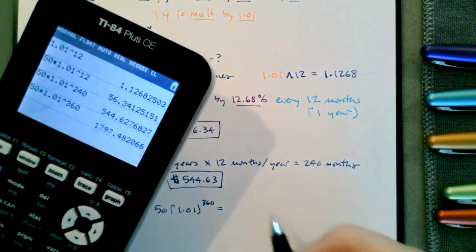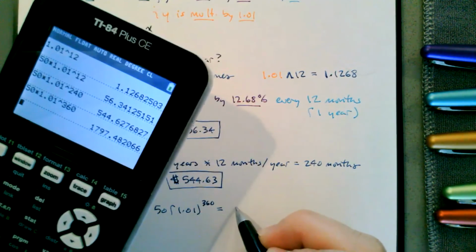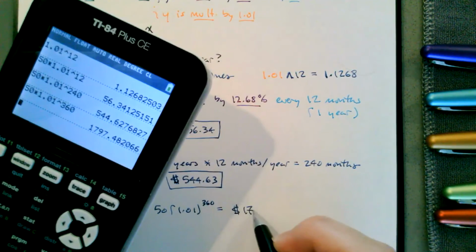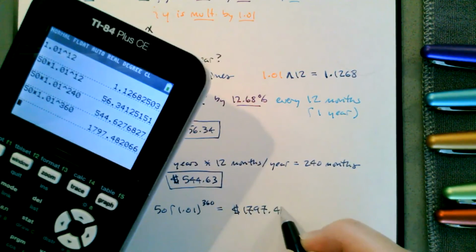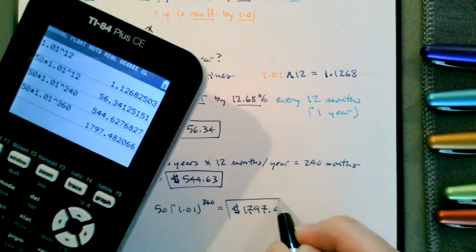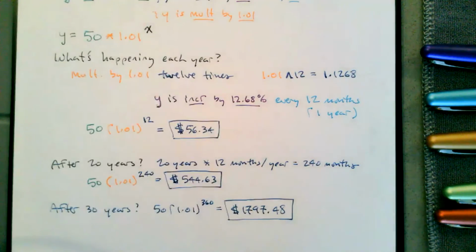So now, the first 20 years, we spent going from $50 to $544. The next 10 years went from $544 to $1,797.